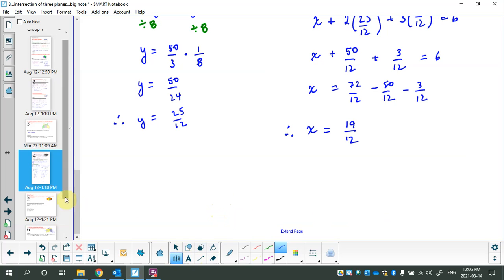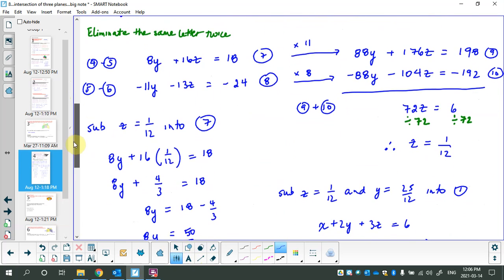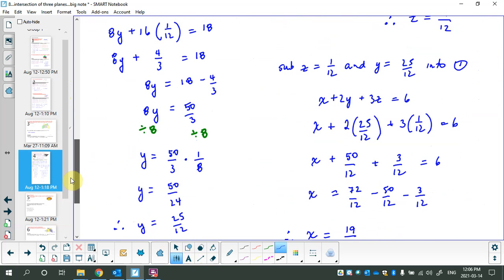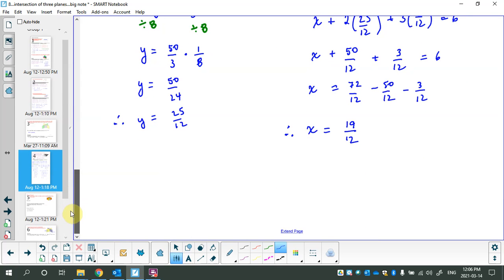So we have determined, based on the triple scalar product, that we're expecting a point of intersection, and then I came out with a digit for z, a digit for y, and a digit for x, as opposed to needing any parameters.